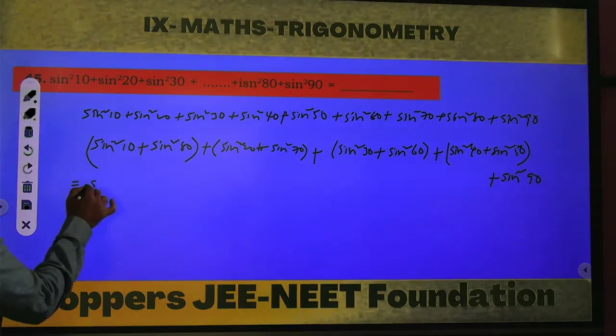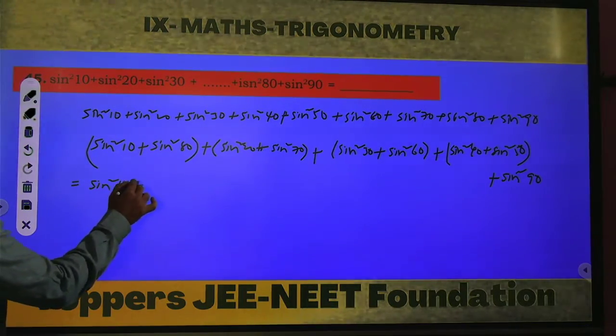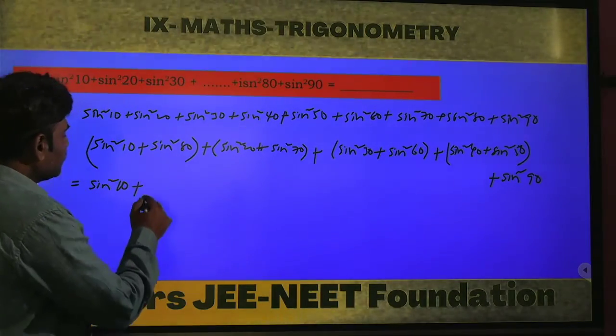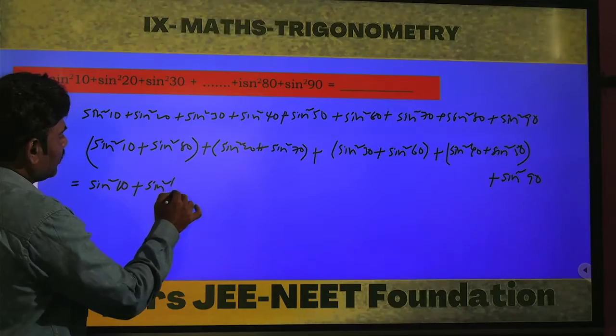Sin square 10 plus sin square 80 can be written as sin square 10 plus sin square of 90 minus 10.